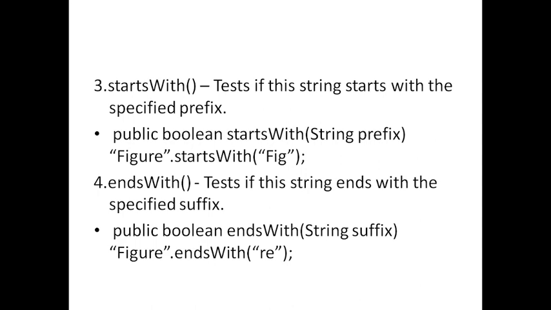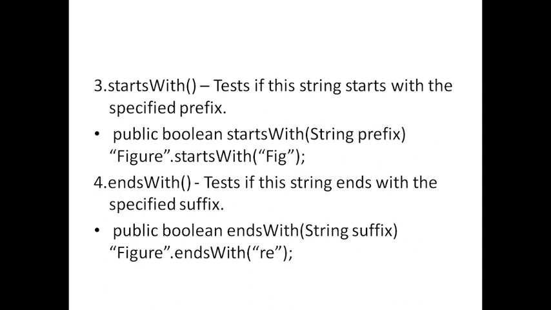Here we have a sentence, that is figure, and we want to start with fig. So we have to use figure.startsWith, and inside this you can mention the first three alphabets, FIG.